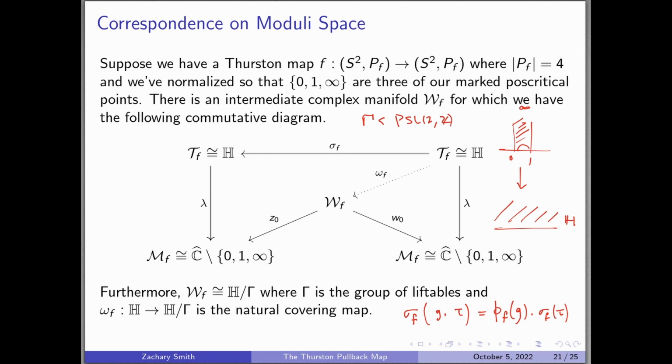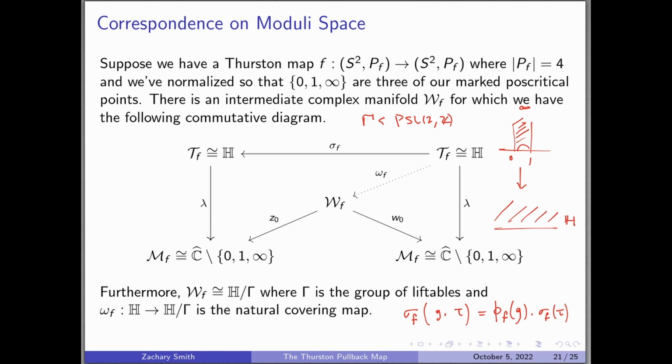And it ends up being the case that this Hurwitz space is going to be naturally isomorphic to the upper half plane modulo this group gamma.